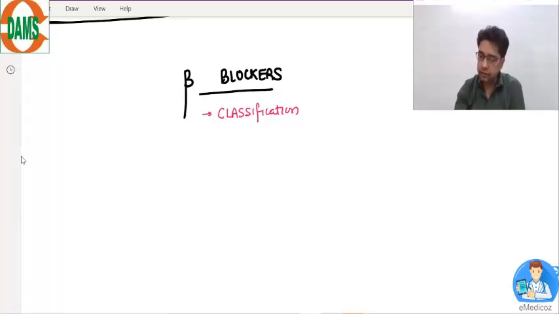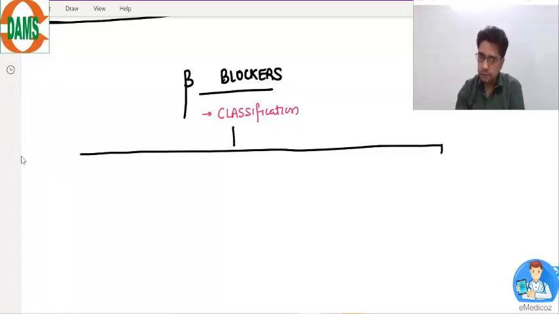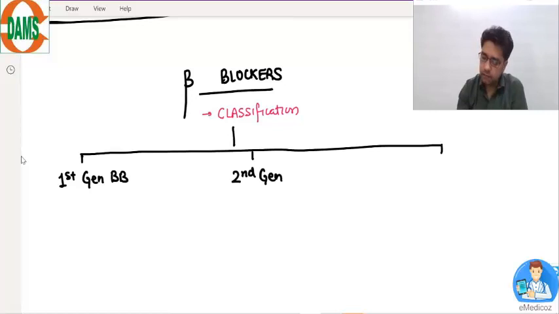Now beta blockers, you will write, they are of three types: first generation beta blocker, second generation beta blocker, and third generation beta blocker.